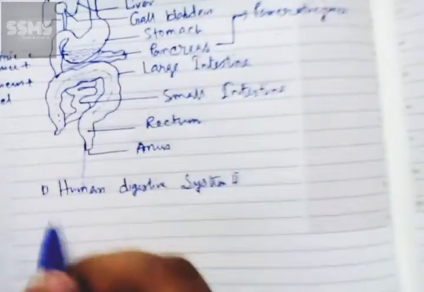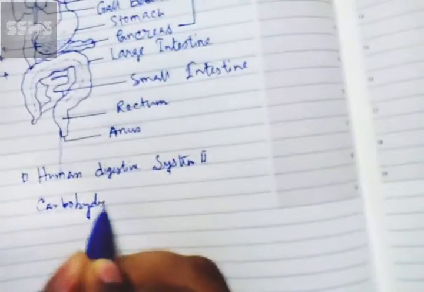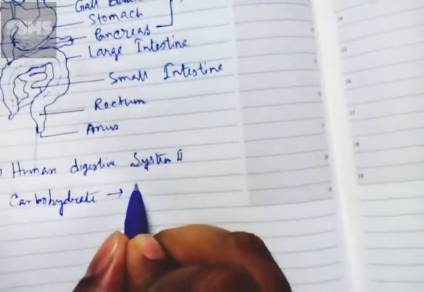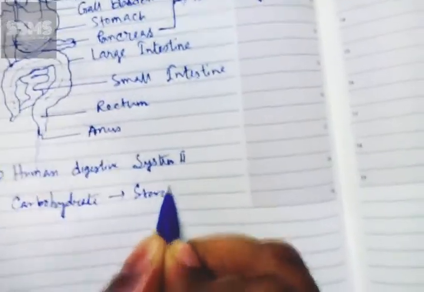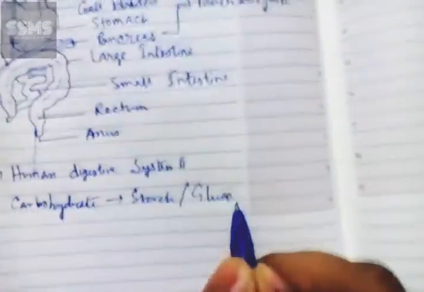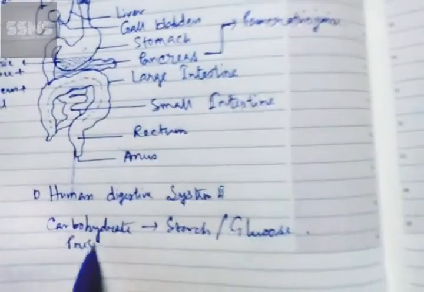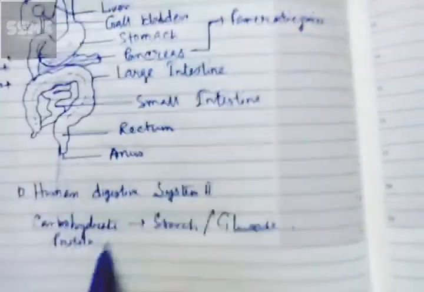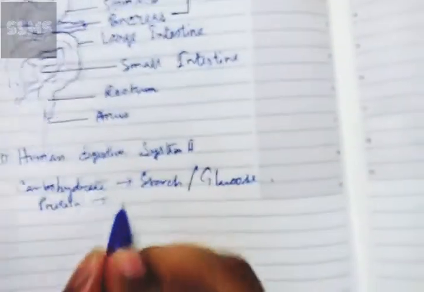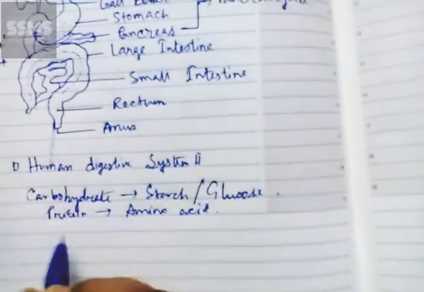Here if we go for the conversion, we will observe that the carbohydrate present in that mashy food item converts into starch, or we can also say glucose. The common name is glucose. Okay, and the protein will convert into amino acid.